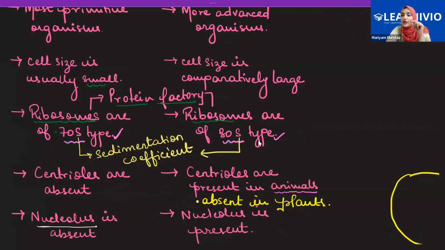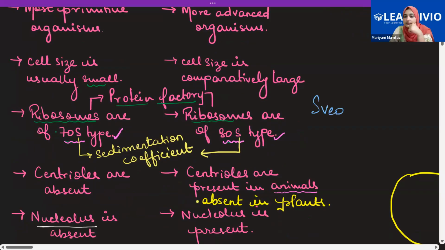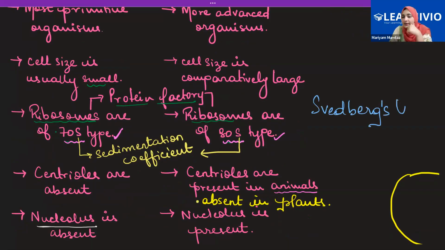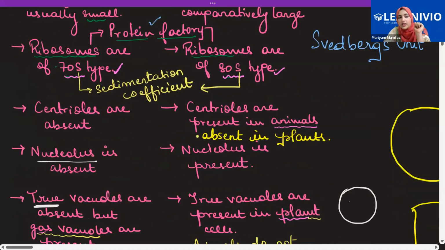This S stands for the sedimentation coefficient or Svedberg's unit. Okay, this tells us about the subunits or the ribosome's sedimentation rate. And what is the function of ribosome? Whether it is a prokaryote or a eukaryote, the ribosomes are responsible for synthesizing proteins.